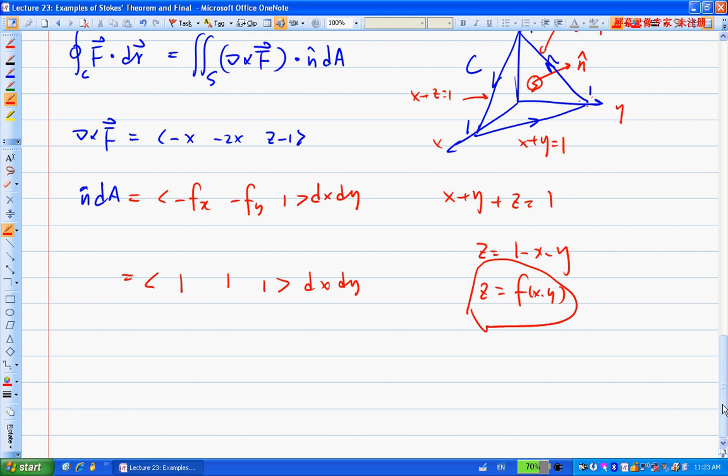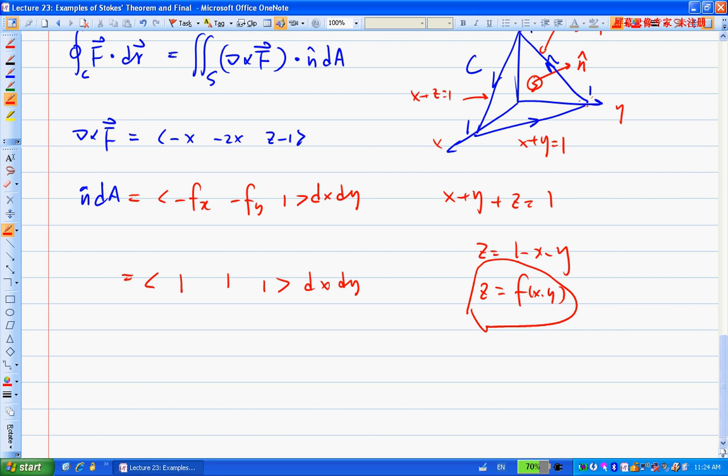Can this also be expressed as an implicit one? Yes, this is a plane. I expressed this plane in the explicit format, and I can also do it in an implicit way, but this is already explicit. If you apply the implicit formula here, you probably will get the same thing.